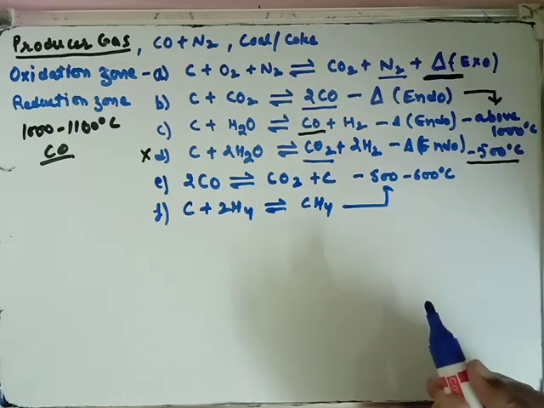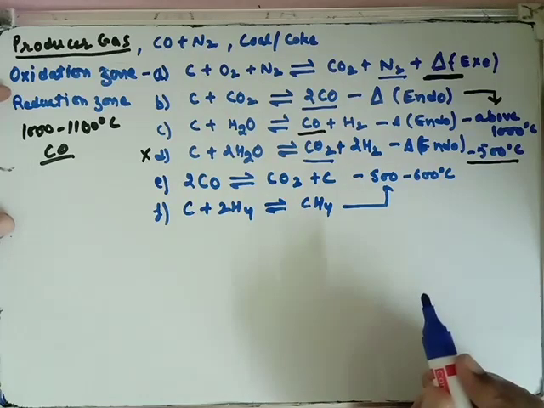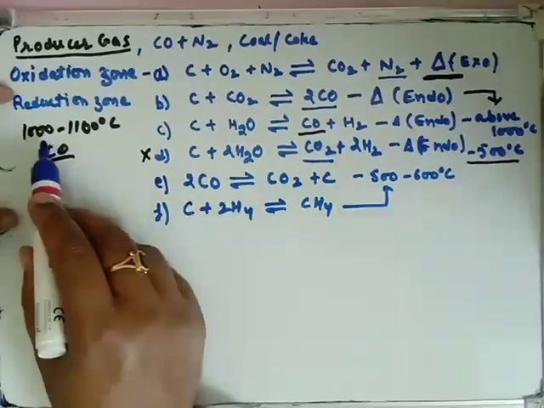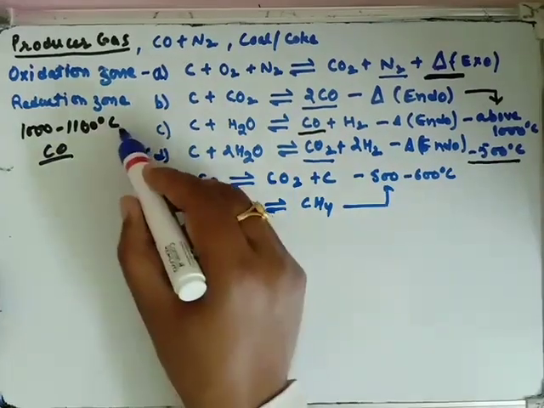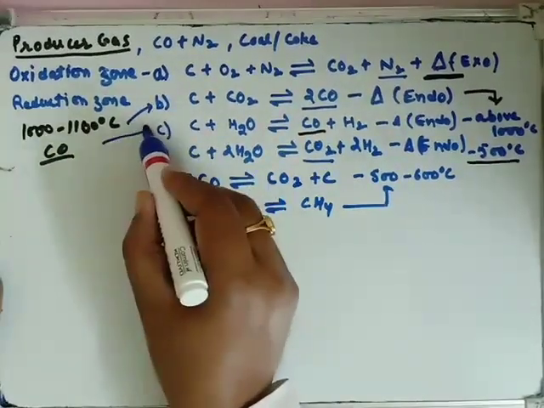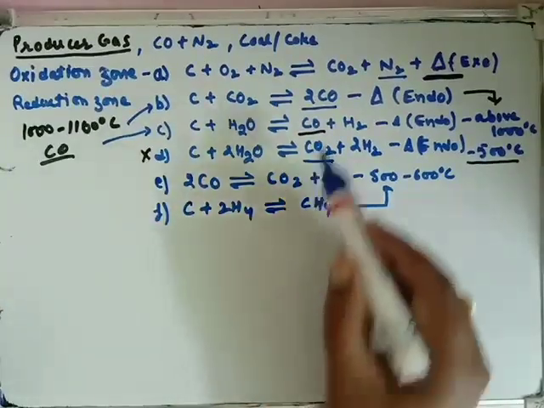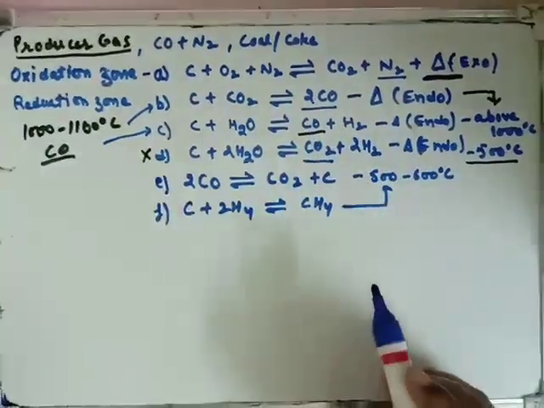Therefore, I am stressing this point again: in the reduction zone, the temperature of the system should be maintained around 1000 to 1100 degrees Celsius, so that reactions B and C take place to generate carbon monoxide.